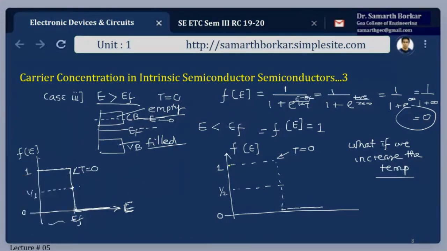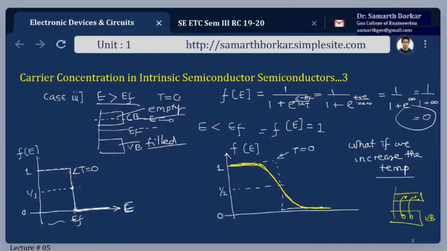I'll draw the diagram first. Now, how do we read this graph? So, if I increase the temperature, the electrons from valence band will go into the conduction band, leaving behind hole.